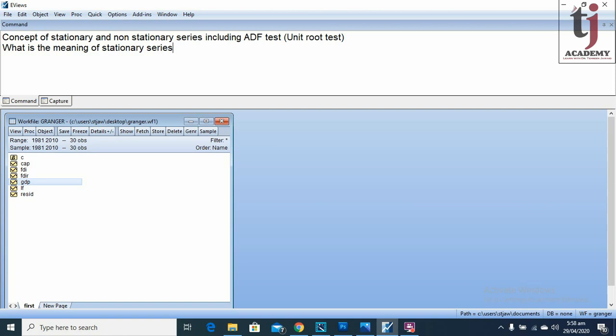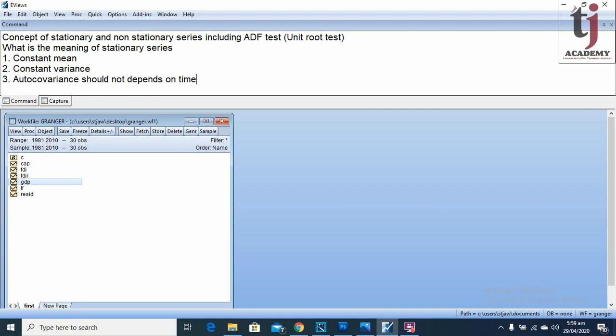stationary series. There are three conditions. Number one, constant mean. Number two, constant variance. Number three, autocovariance should not depend on time.